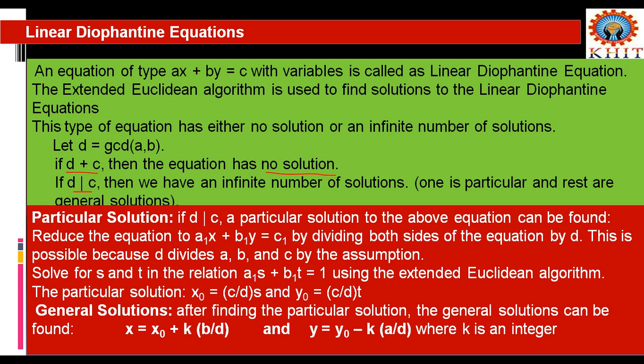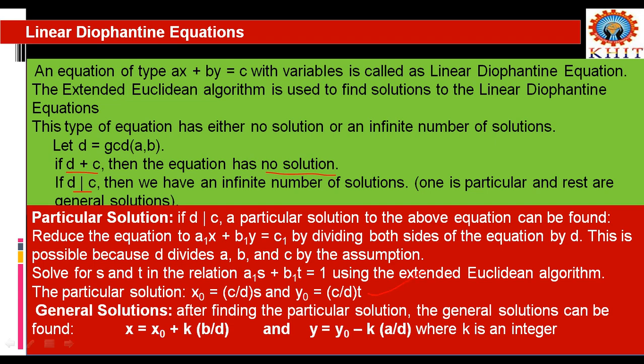Finally, after getting the s and t values, the particular solution, that means the x and y values, is given by x0 is equal to c by d into s, y0 is equal to c by d into t. This is the particular solution.